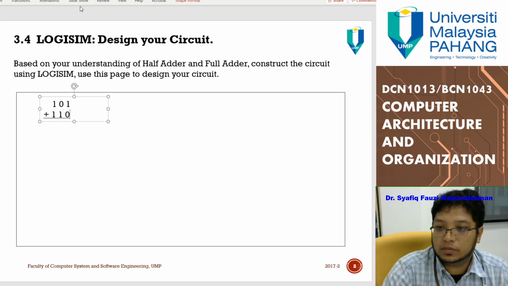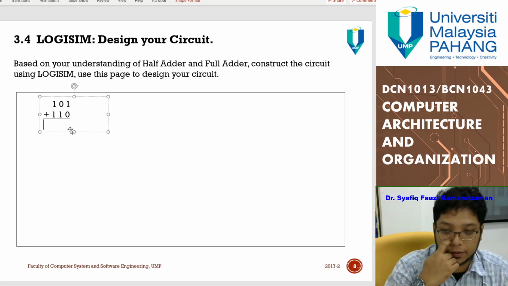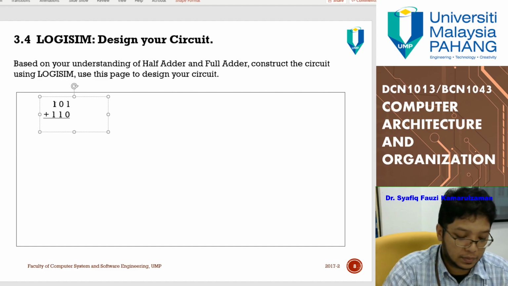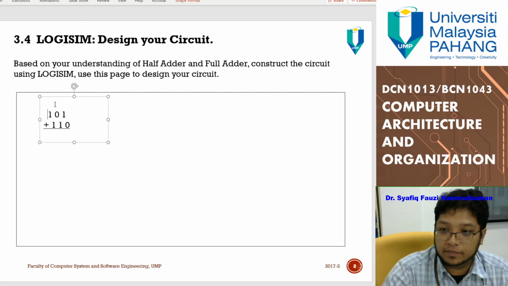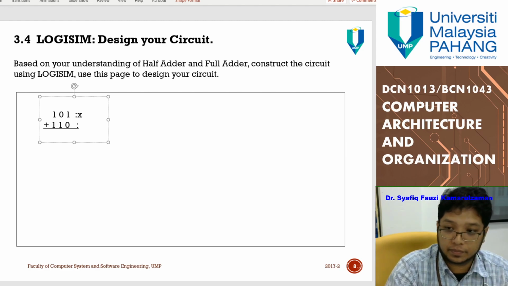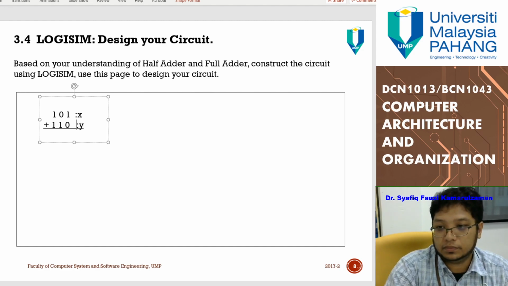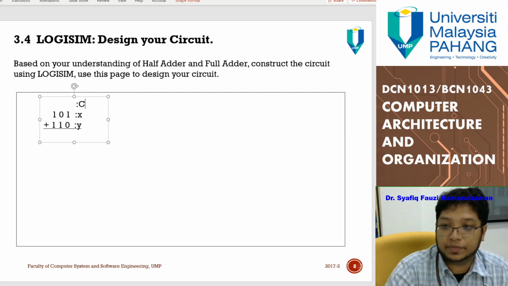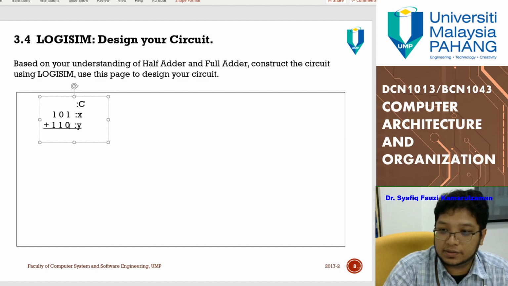So what happened here? You need the half adder. This one is x, this one is 1, and on top here you have the carry. So 1 plus 0, down here is supposedly your sum.